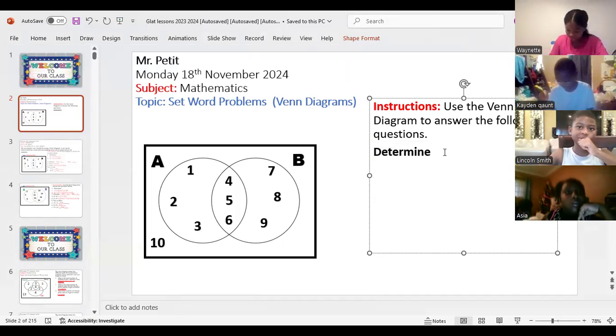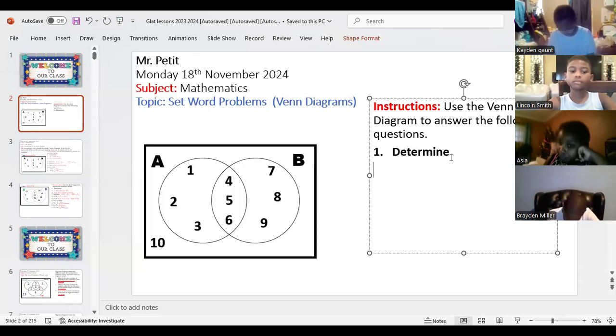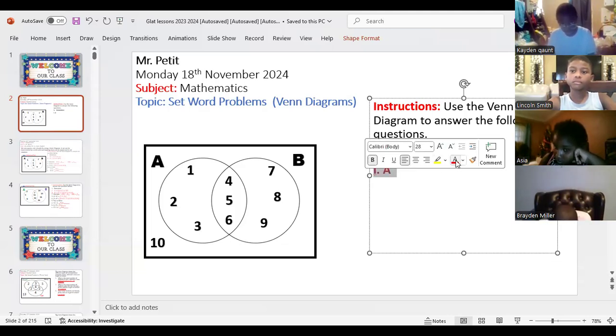The first thing we need to figure out is number one. We want to determine what is set A. That's what we want to figure out.